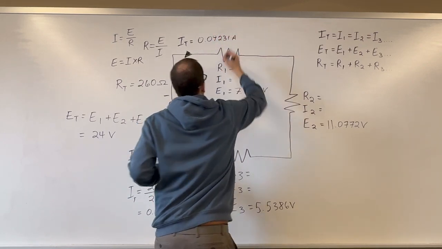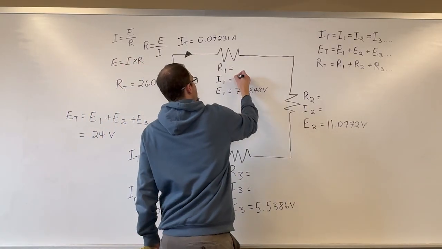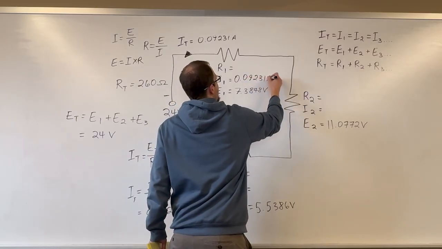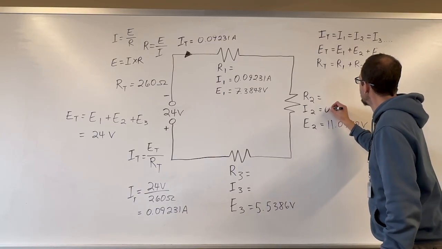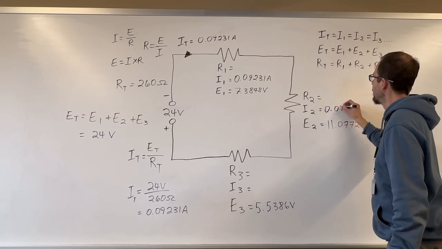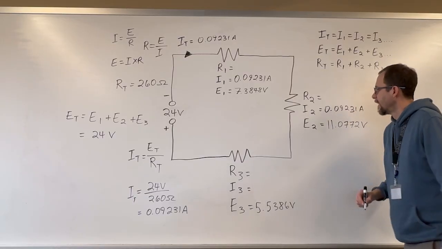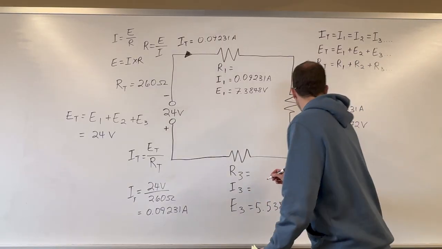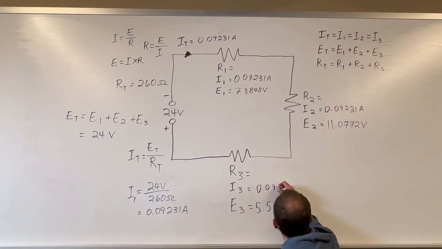0.09231 amps, which tells me that that's the same number at I1, 0.09231 amps. It's also the current at I2, 0.09231 amps. And guess what? Isn't I3 also our current total? 0.09231 amps.